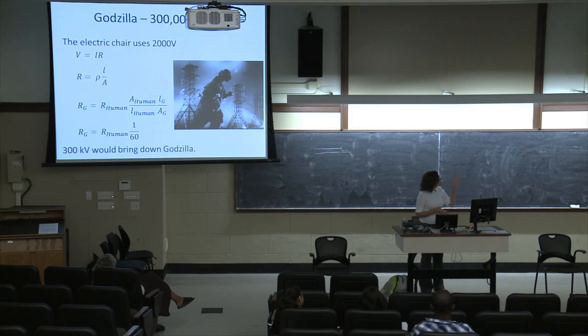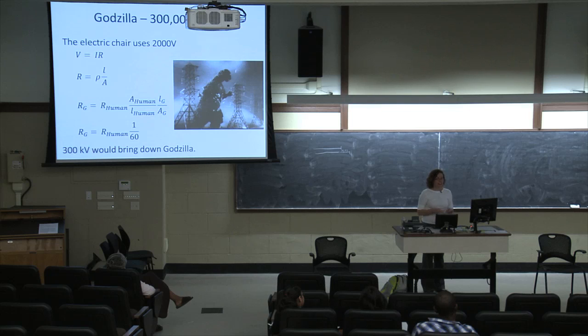And so resistance is a function, the second equation there, of rho, which is resistivity, a property of the material. So metals have a very low resistivity. Insulation would have a high resistivity. And then we have that multiplied by length over area. So really long wires have a higher resistance than short ones, and really fat wires have a smaller resistance than skinny ones.